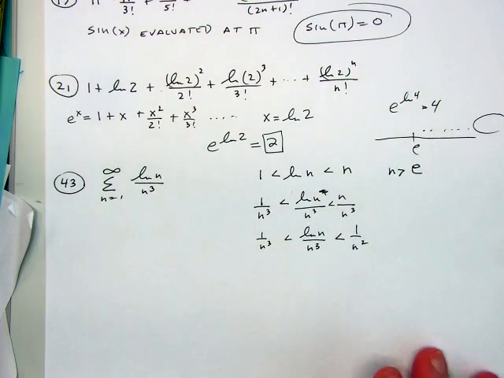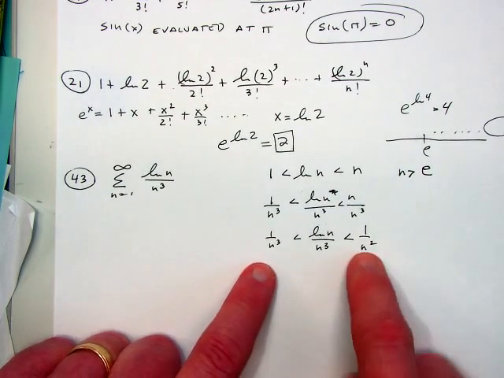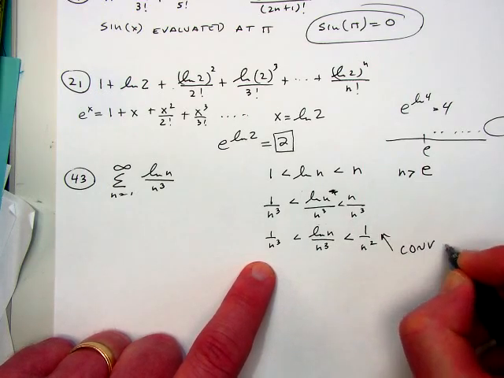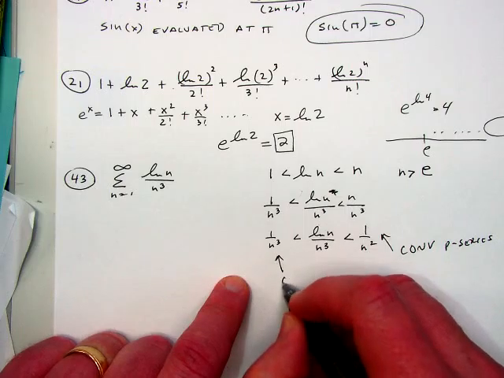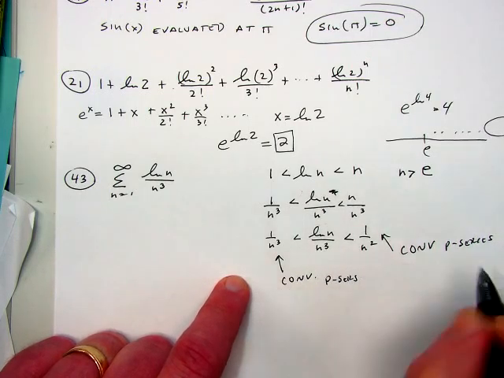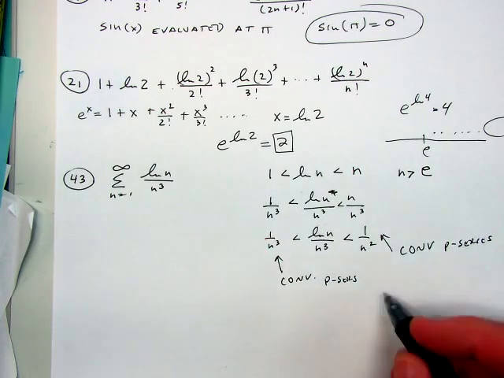So I actually squeezed it between 2 series. Well, this is a convergent p-series, and this is a convergent p-series. And if we squeeze a series in between 2 convergent series, what must it do? It must converge.